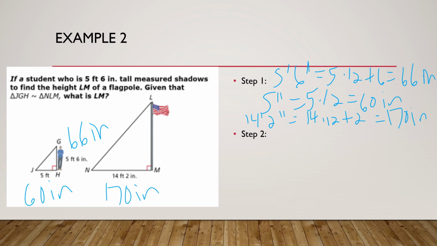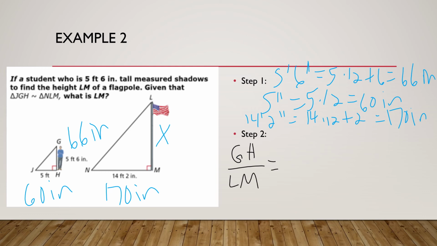Now I'm going to fill in x for the height of my flagpole, just to simplify the letters. So we're going to set up our proportions. Again, we could start with the height of the man, which is GH, to the height of the flagpole, which is LM.